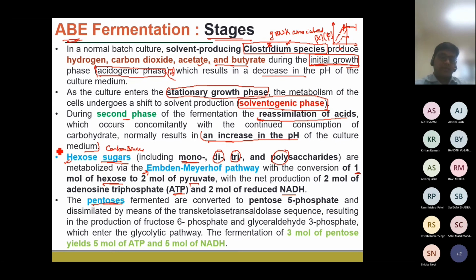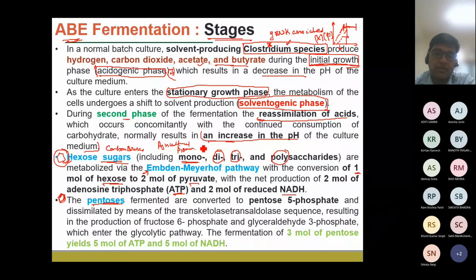So in hexose we have 6 carbons, and in this case we have these five particular groups. Generally, if you are going with some agricultural biomass as a carbon source for the production of acetone butanol, then pre-treatment is needed.